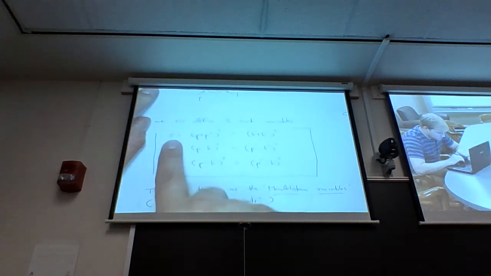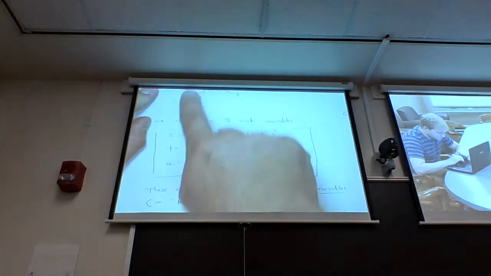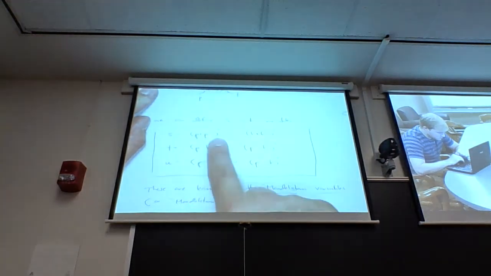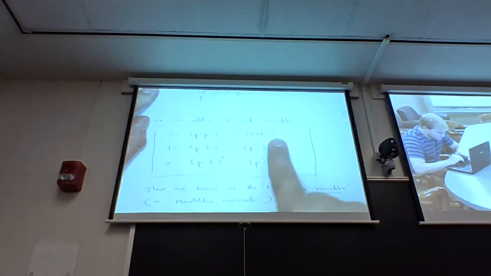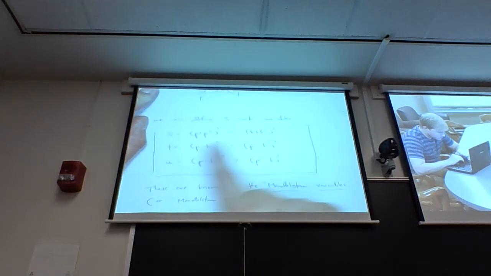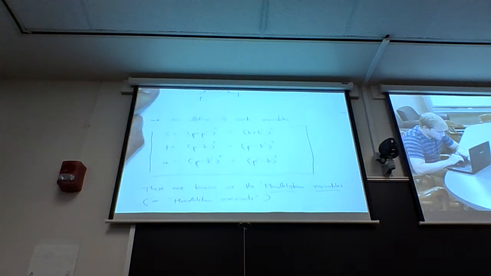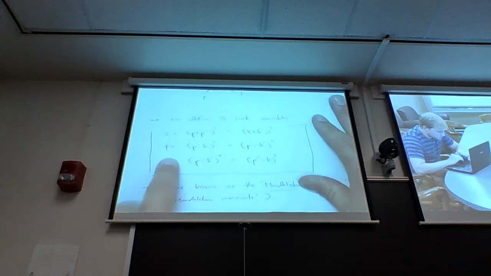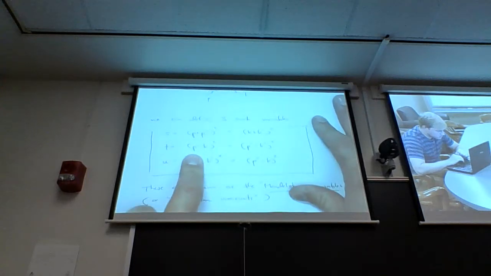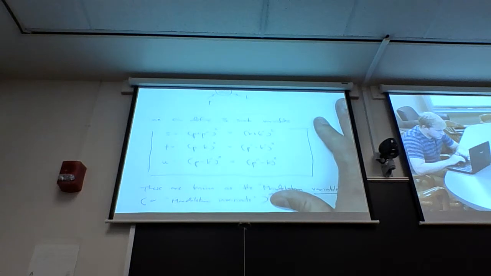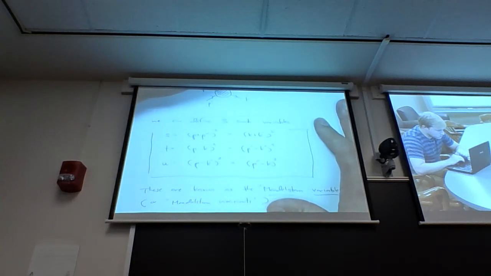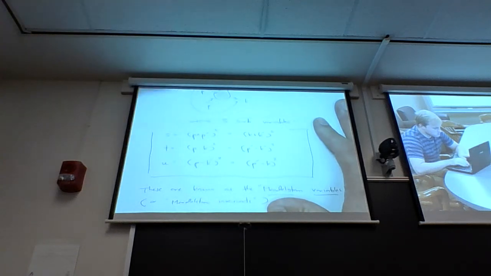So S is the sum of the incoming momenta squared, or the sum of the outgoing momenta squared. You see the two definitions for each one, but it's just using conservation of momentum. T is typically taken to be the difference between the two closest momenta, so T would be this one, and U would be, how do I draw it, this one with this one.